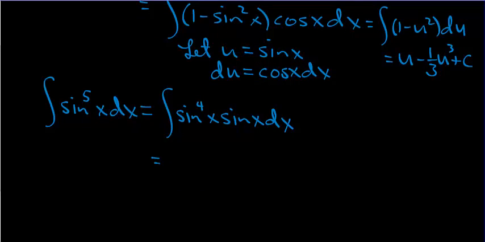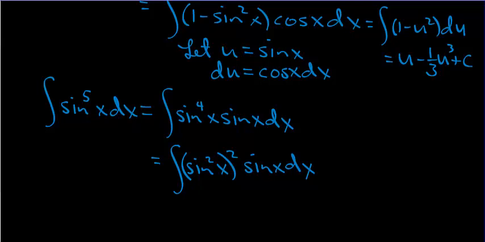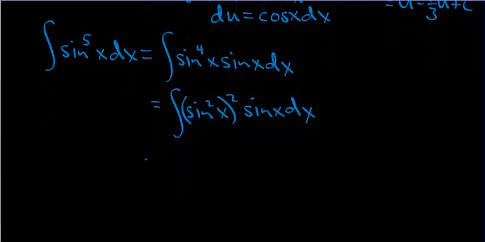So here's what we've got. Well, think of it this way: sine squared x, squared, right? I'm putting in that part. You don't have to put in every step. But you see now that when I put it in that form, I have 1 minus cosine squared x, squared, times sine x.